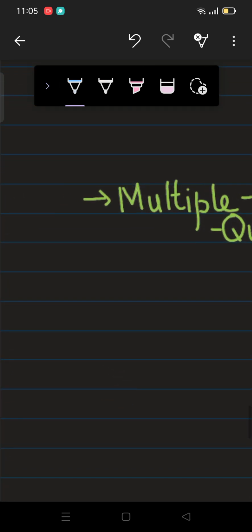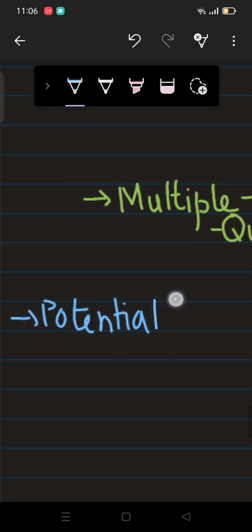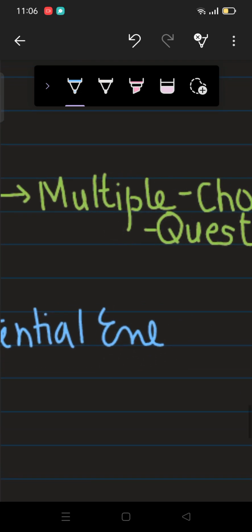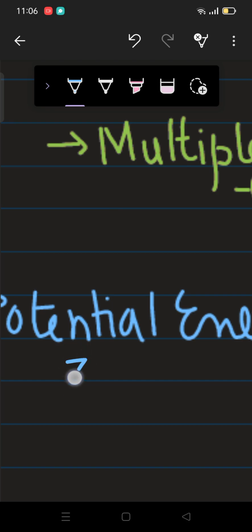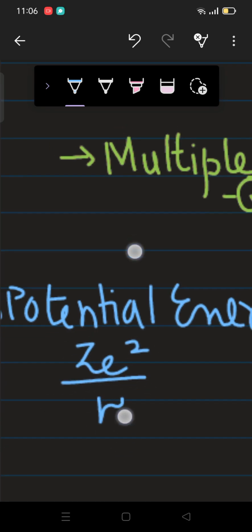The potential energy was given by Ze square by r.